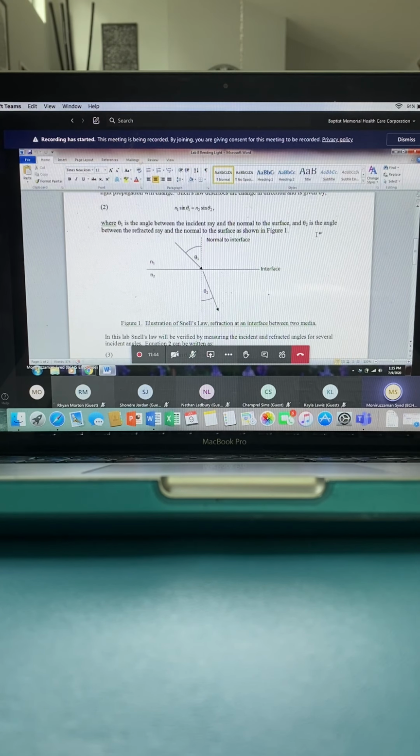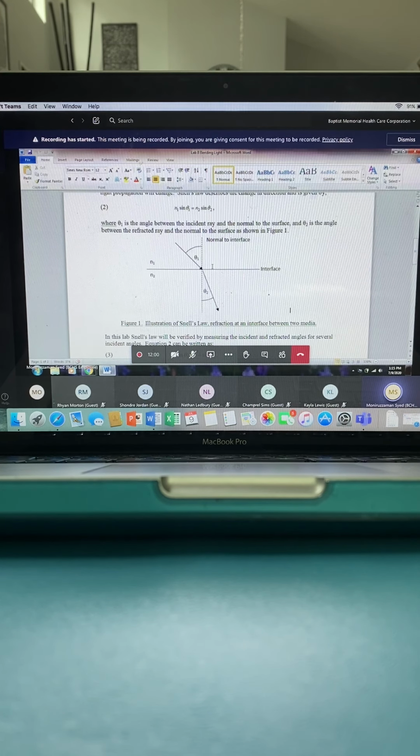So when light hits that interface, light will decide whether it will reflect or refract. Reflection can happen if the surface is very smooth, like a mirror.